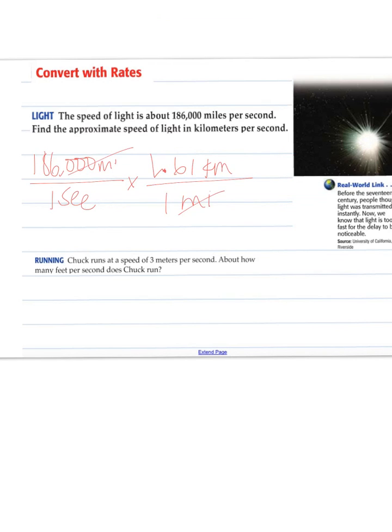Our miles cancel. So when we multiply these together, we get approximately 299,460 kilometers per second. So that's how we convert between rates.